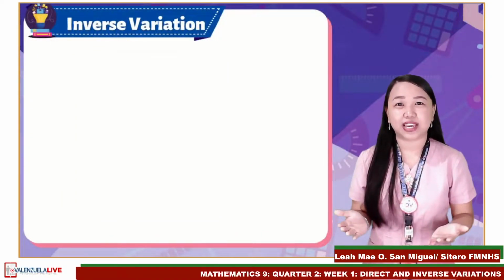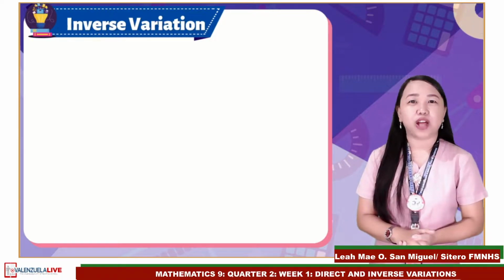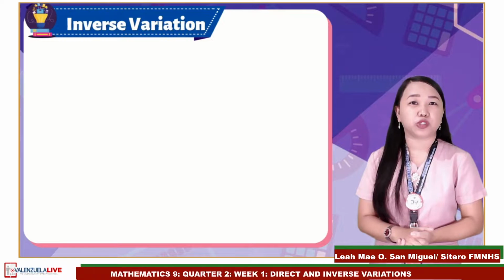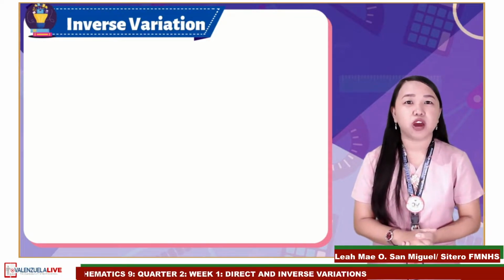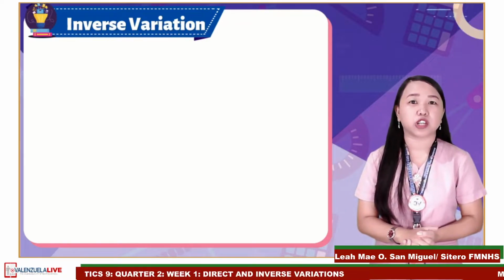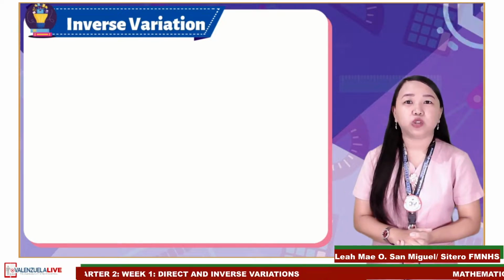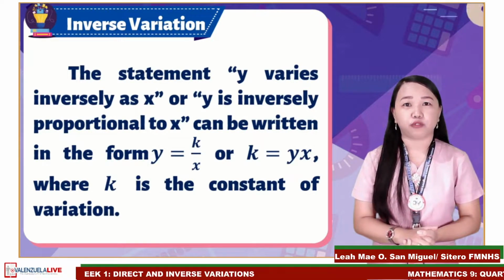Let's now proceed to inverse variation. While direct variation describes a linear relationship between two variables, inverse variation describes another kind of relationship such that for any quantities x and y, an increase in x causes a decrease in y, or vice versa.